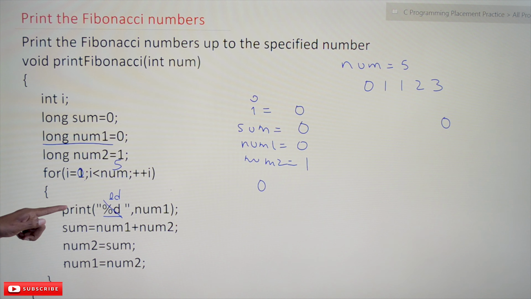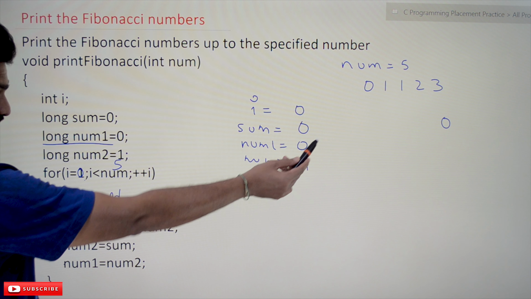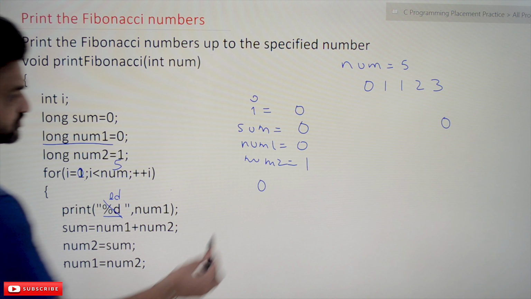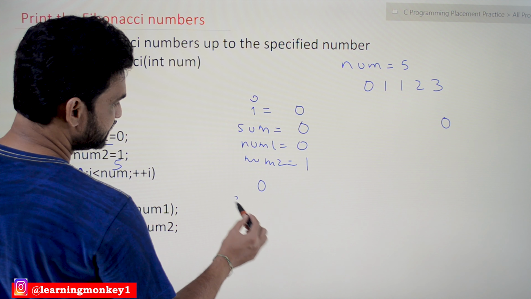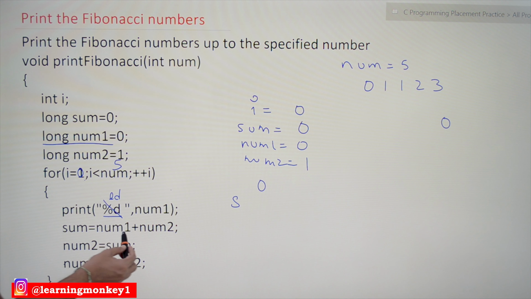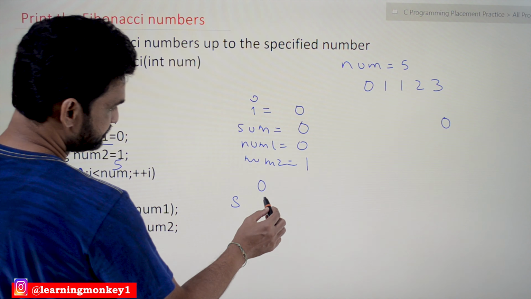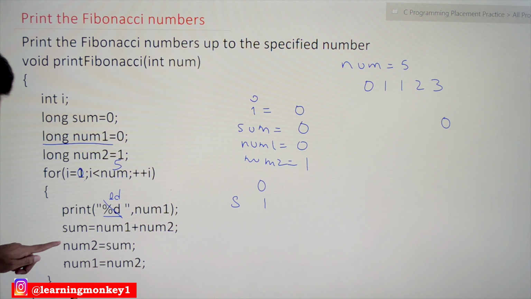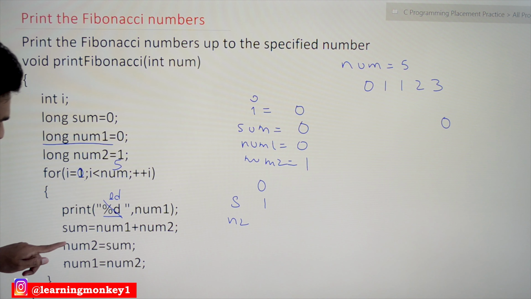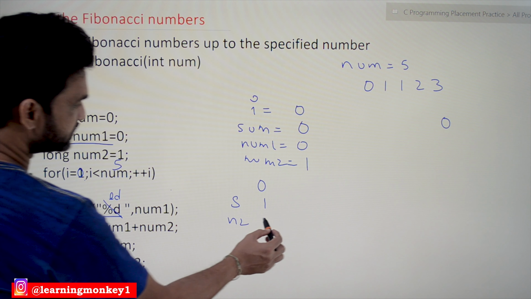In that, first it has printed 0. Sum is equal to num1 plus num2. Now sum is equal to num1 plus num2, so it is going to become 1. Okay, now num2 is equal to sum, so what is the value stored in sum?